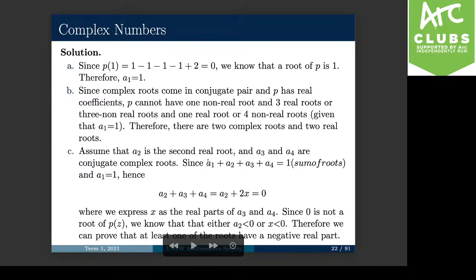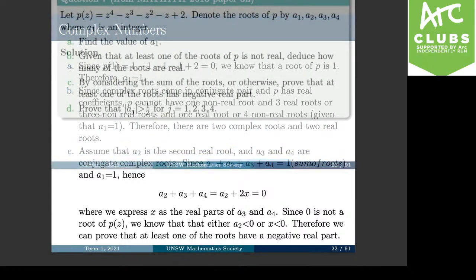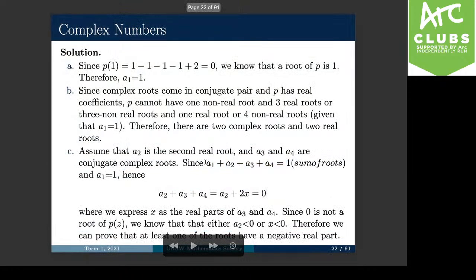A1 plus A2 plus A3 plus A4, you can find by using the sum of roots. That would just be minus b over a, so minus minus 1 over 1, which is 1. So the sum of these roots is 1. Given that A1 is 1, A2 plus A3 plus A4 would be 1 minus 1, so you get 0.